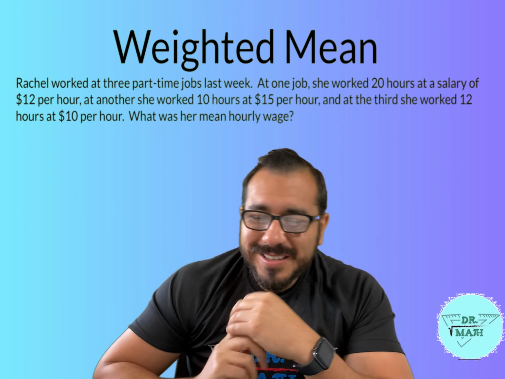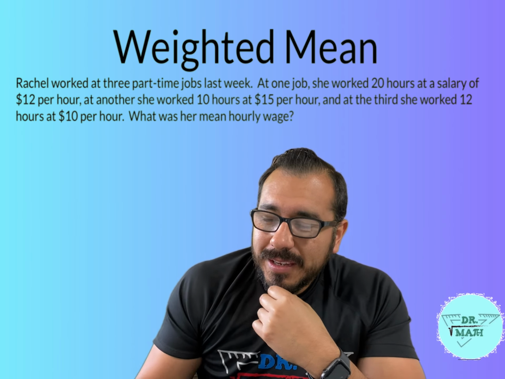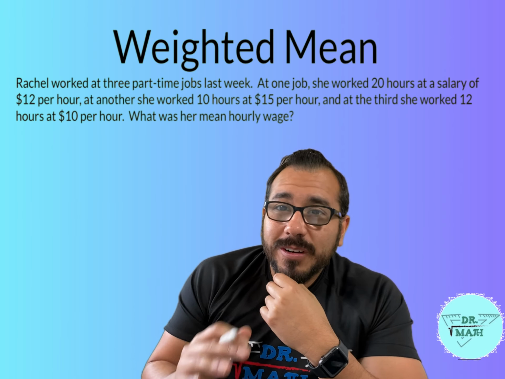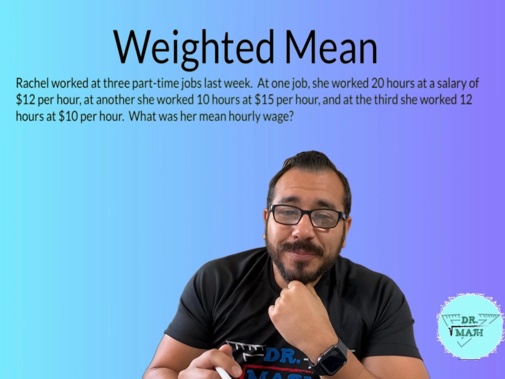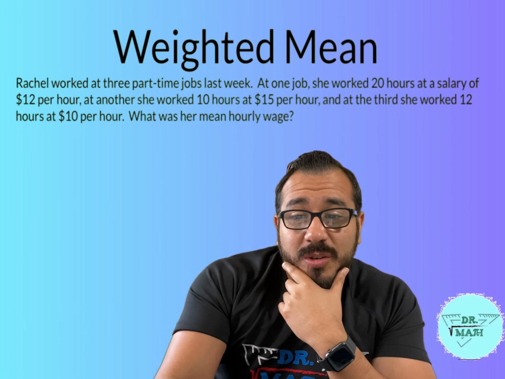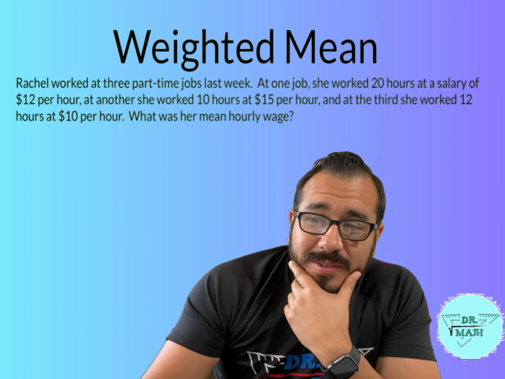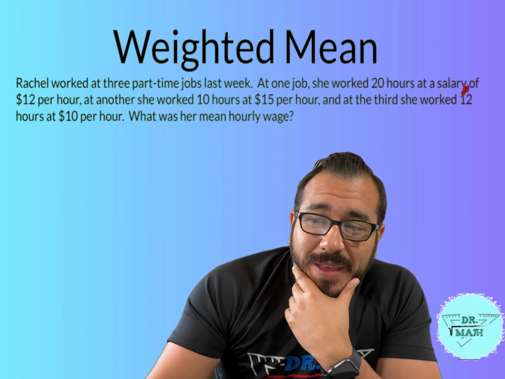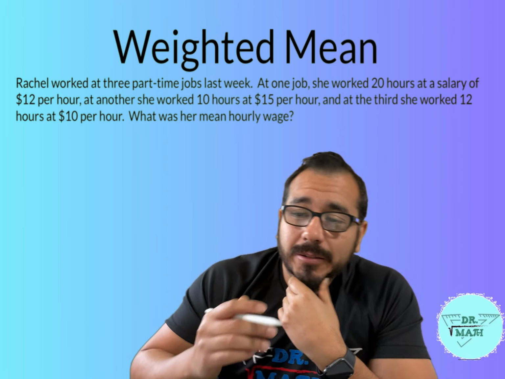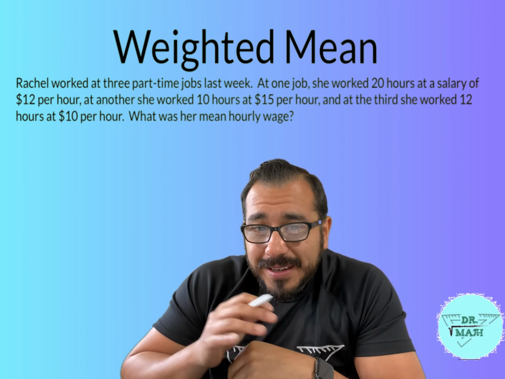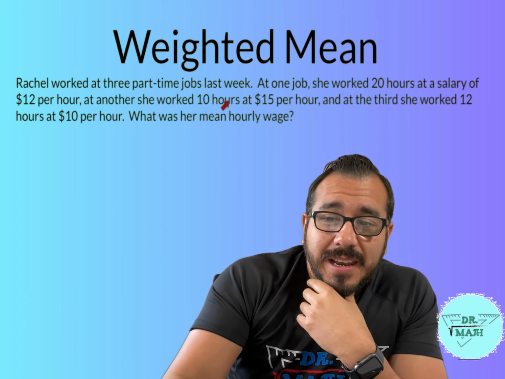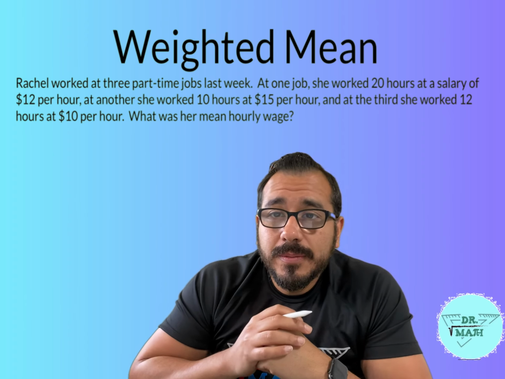All right, so let's look at this problem. If you're anything like me, you know about working multiple jobs. So Rachel here, she worked 3 part-time jobs last week. At one of the jobs, she worked 20 hours at a salary of $12 per hour. And at another job, she worked 10 hours for $15 per hour.